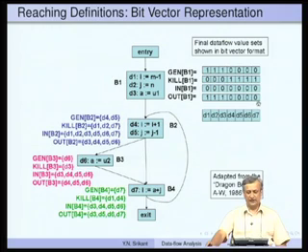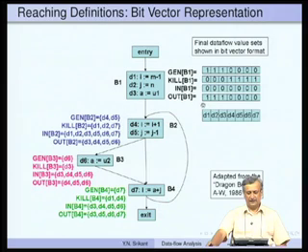If it is a 32 bit machine, then we can have a maximum of 32 definitions, and if it is a 64 bit machine, then we can have a maximum of 64 definitions fitting into a single word as bits.